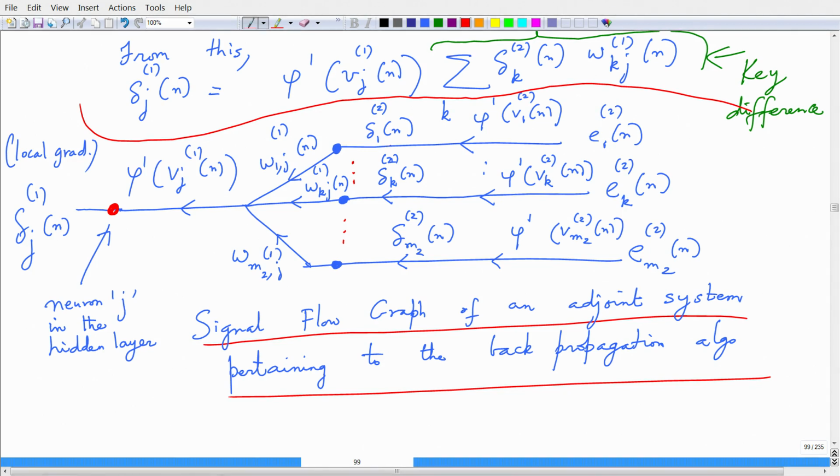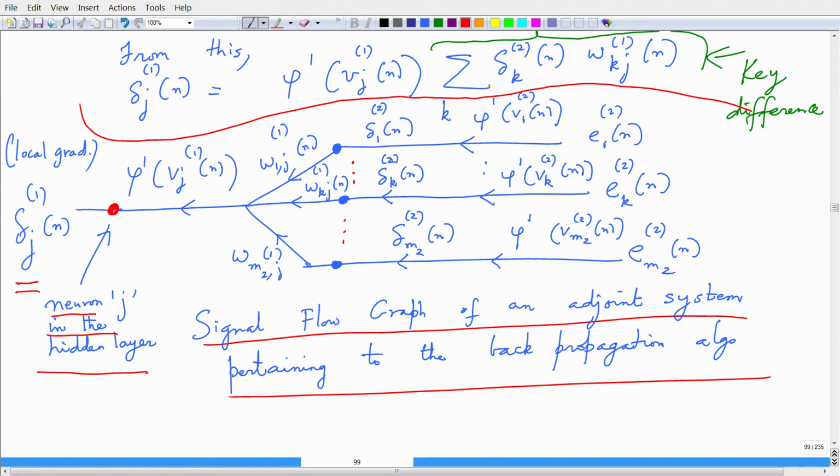These are scaled by the local gradients delta 1 to delta m suffix 2, and then we scale them by the synaptic weights that connect the jth neuron in the hidden layer to all these scaled local gradients. That is how we can compute the local gradient at neuron j in the hidden layer.